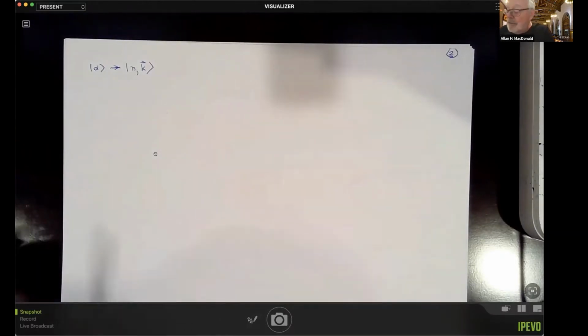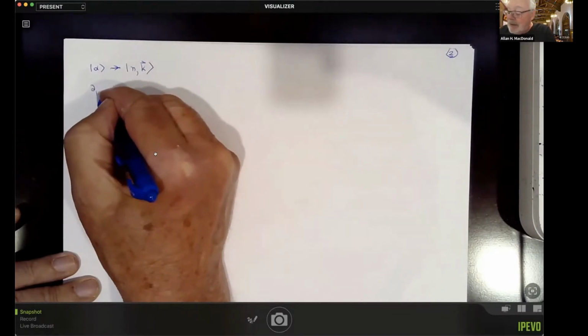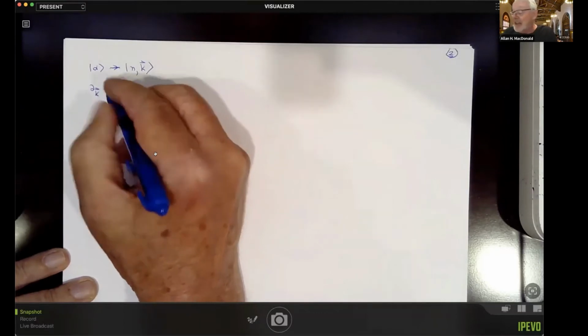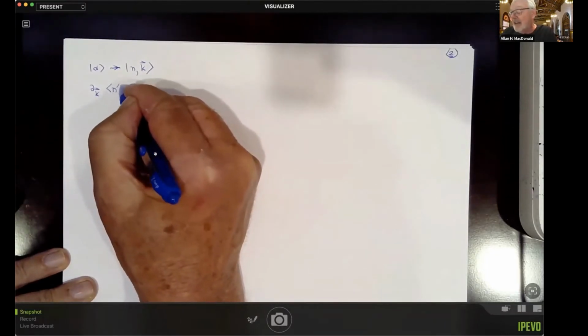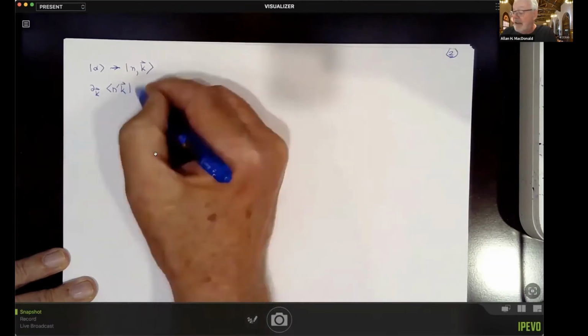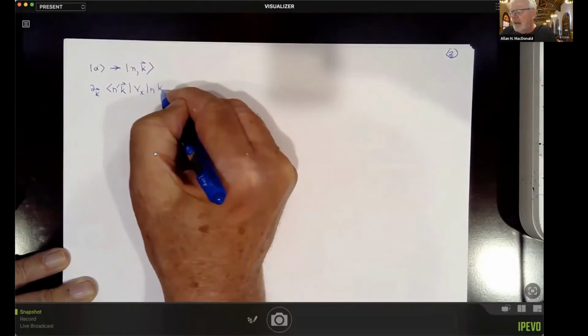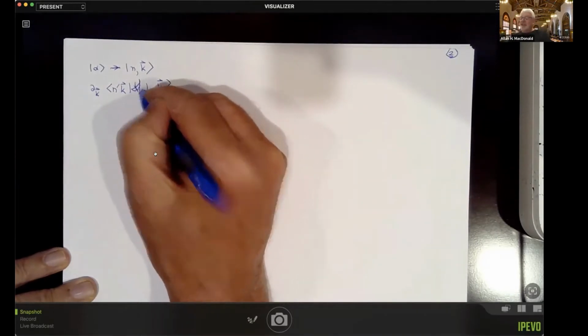And we're going to simplify the matrix elements of the velocity operator between different states by using this identity.